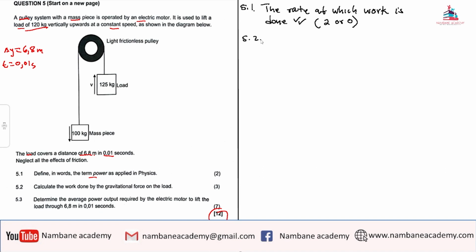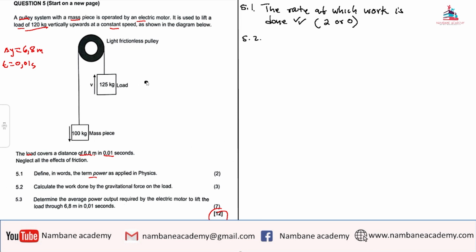Now at 5.2, calculate the work done by gravitational force on the load, ladies and gentlemen. So let's check how many forces we have that are actually acting on the load.